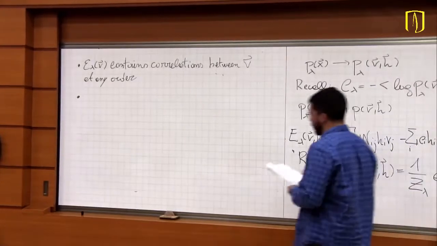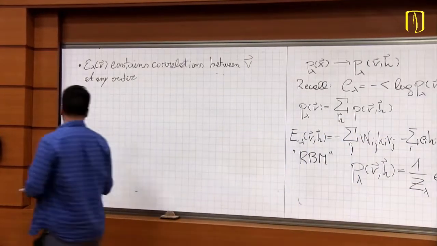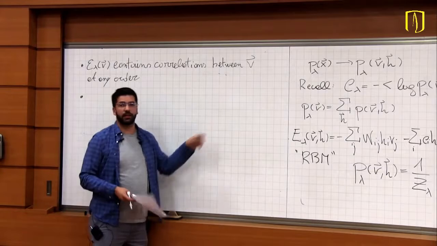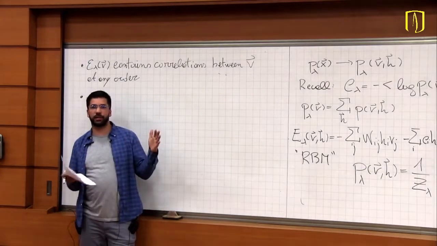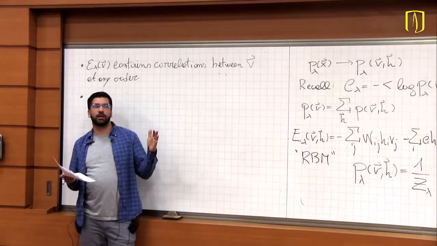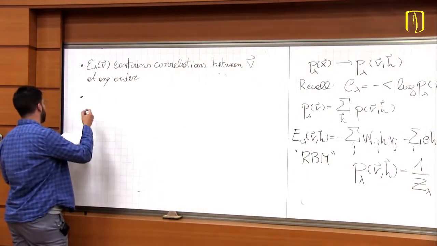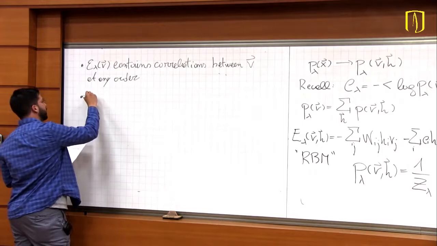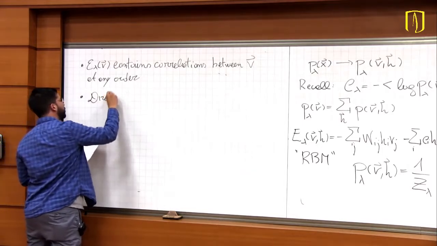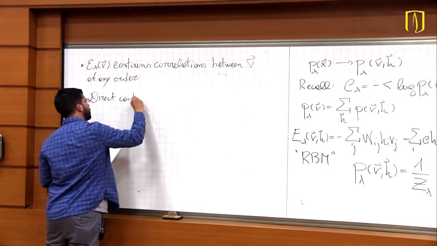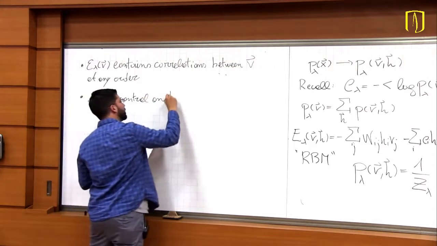The other point here is that I haven't said, as yesterday in the supervised learning, the number of hidden units is one of these hyperparameters. So we can increase this number essentially as we want, and this is a direct control on the representational power.